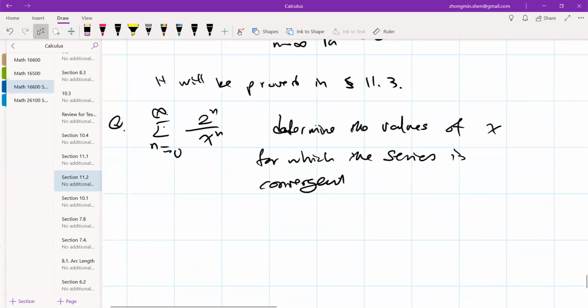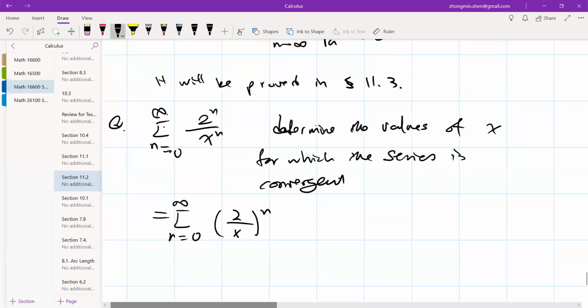Clearly, when x equals 0, it's divergent, right? But this is a geometric series, so you can express it in the form of 2 over x to the power n. We know that it is convergent if and only if the absolute value of 2 over x is less than 1, the sufficient and necessary condition.